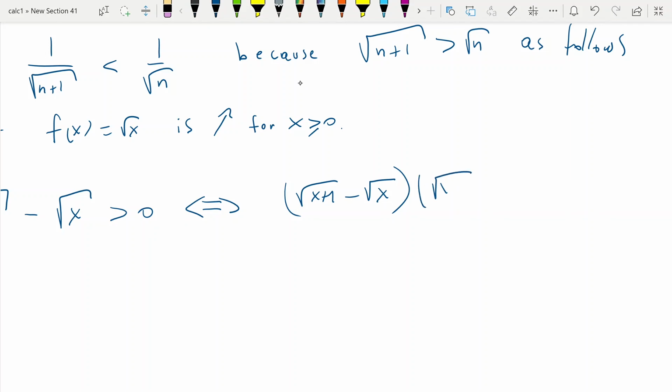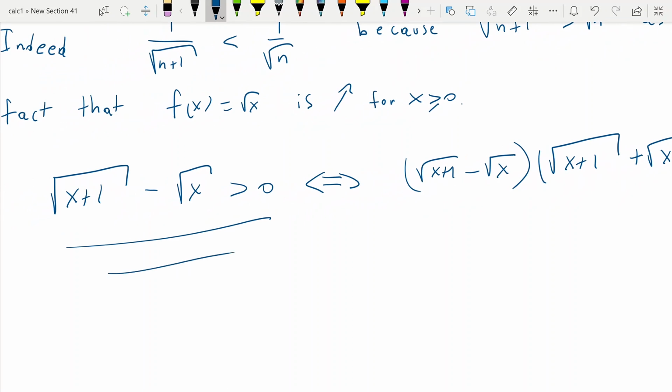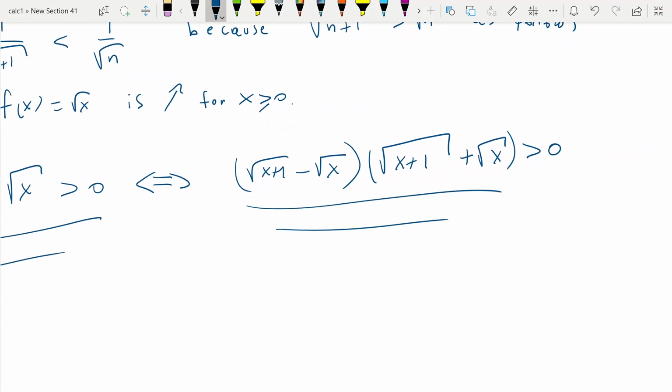Remember, this is one of the operations we had before in this field: if we multiply two positive numbers, we get a positive number, and if we multiply a negative number by a positive number, we get a negative number. And so this is true here if and only if this is true, since this number here is positive.